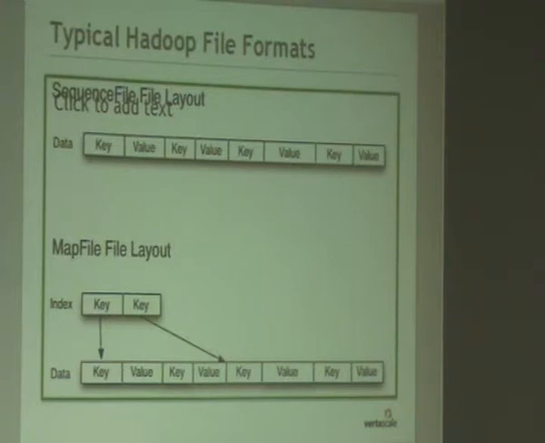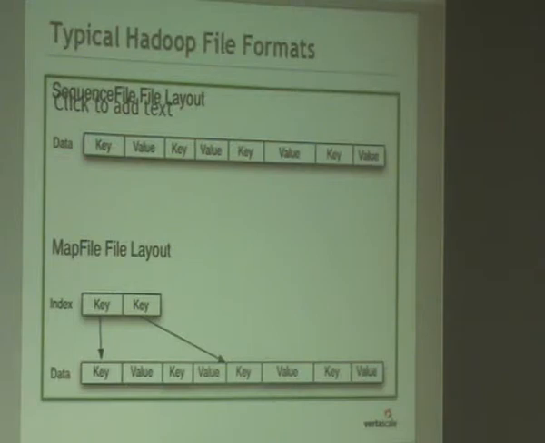The second file format is called a map file in Hadoop. A map file provides you with a primitive index on top of the sequence file. What a map file does is, for every n keys, and you decide what n is, the default is, I think, 100, the index file, which is itself a sequence file, will contain the key and a second number.